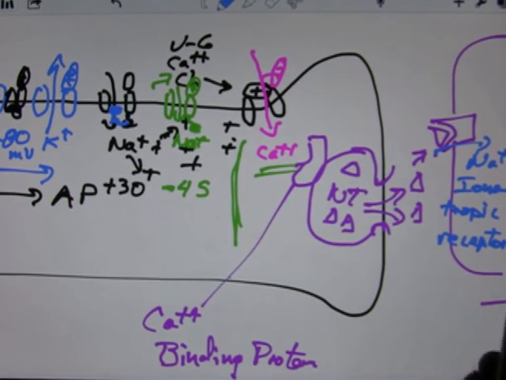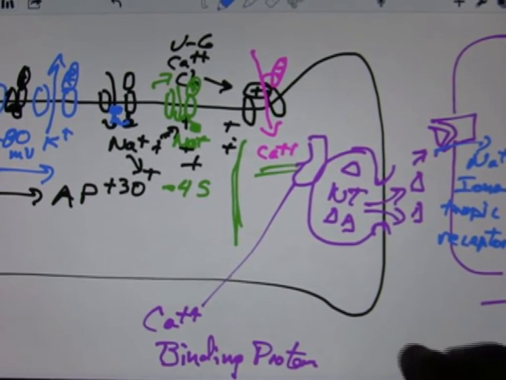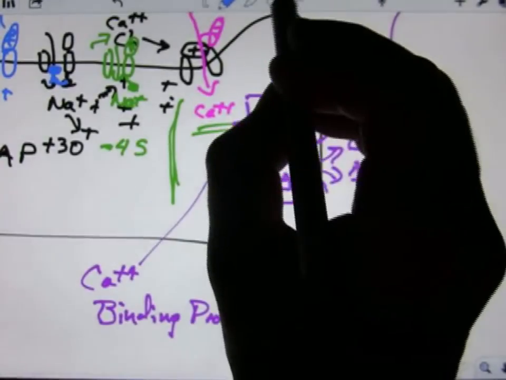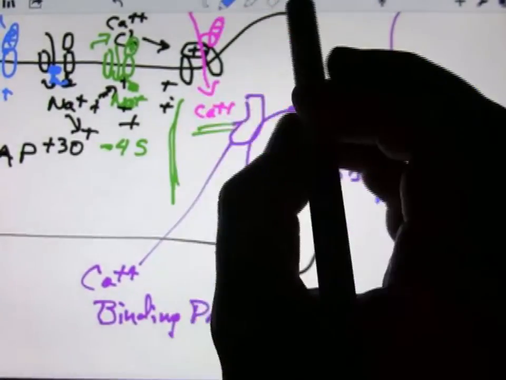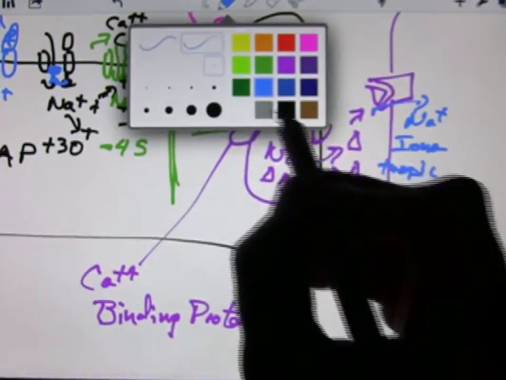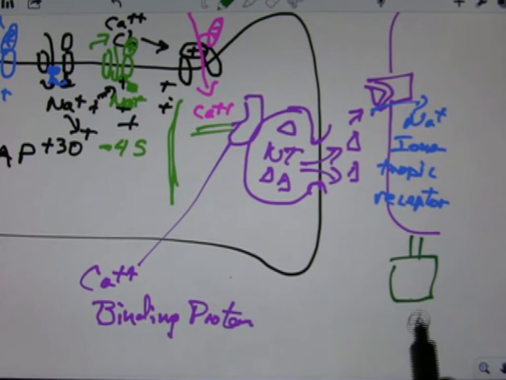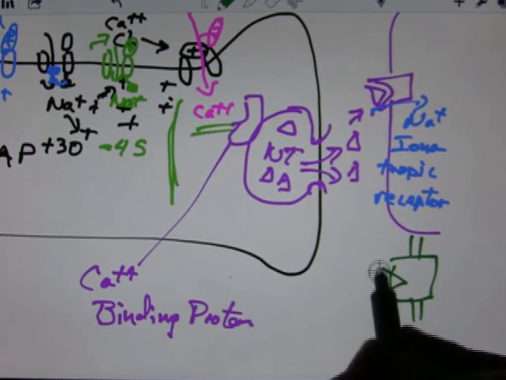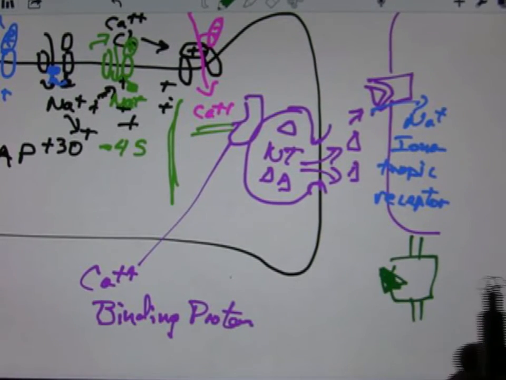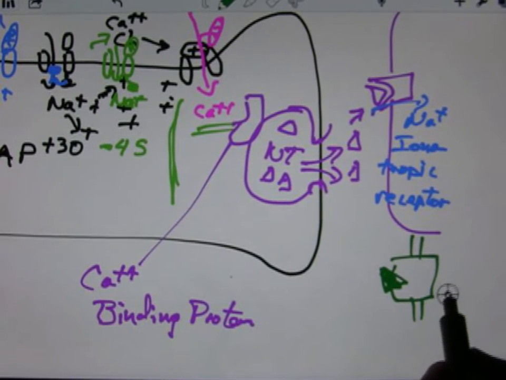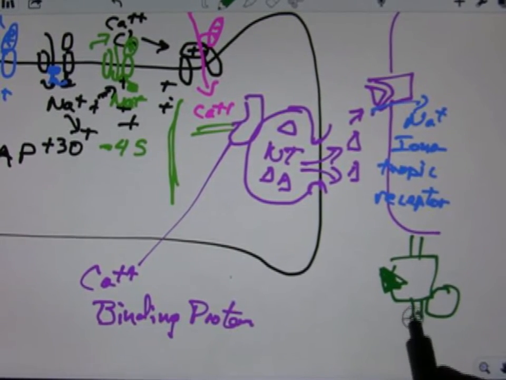Remember, the other possibility is that it's a metabotropic receptor, and a metabotropic receptor is sitting here and has a binding pocket for neurotransmitter here. A metabotropic receptor would be activating a second messenger.